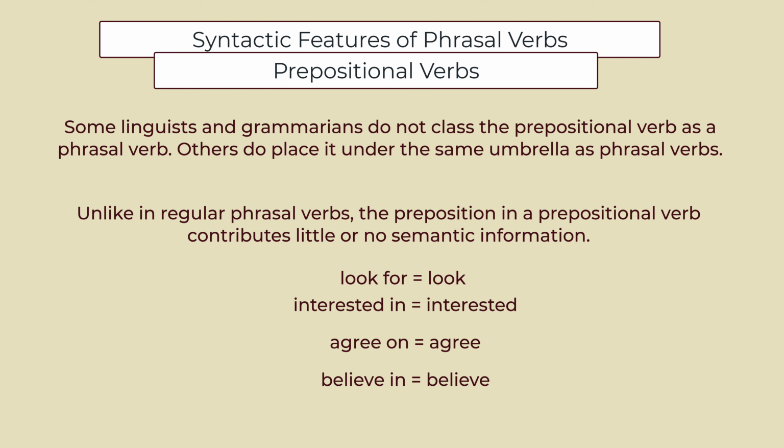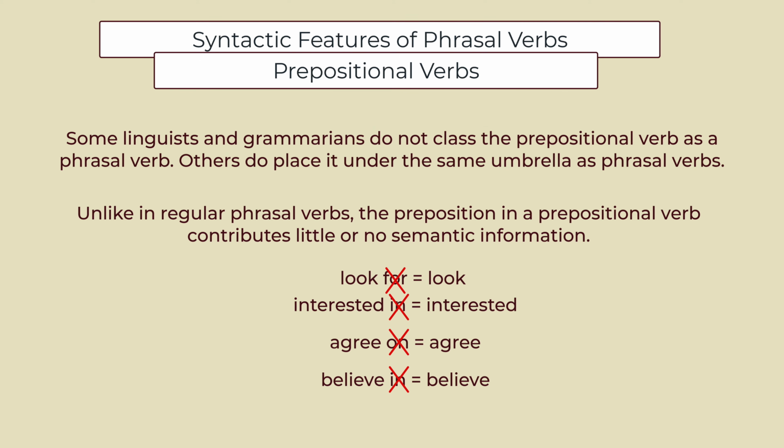This is different from traditional phrasal verbs, because remember that in the phrasal verb, the particle is used to change the meaning or extend the meaning. However, in a prepositional verb, the preposition really does not alter the meaning of the verb.